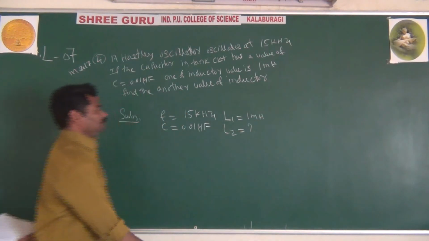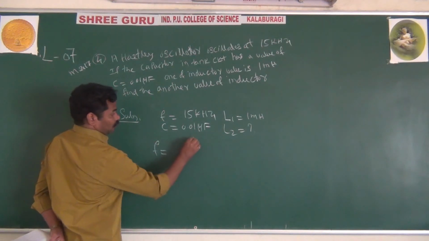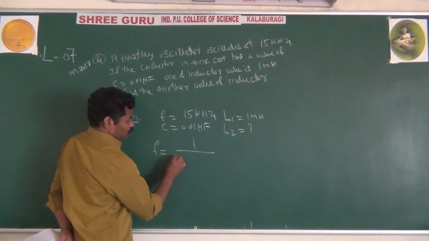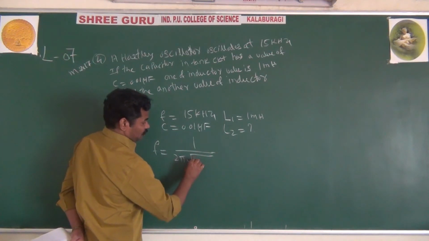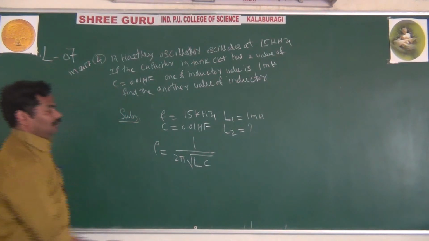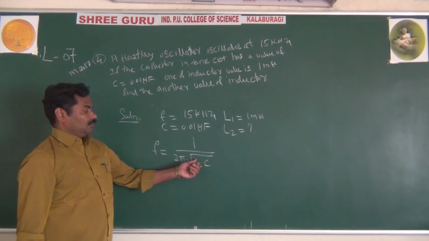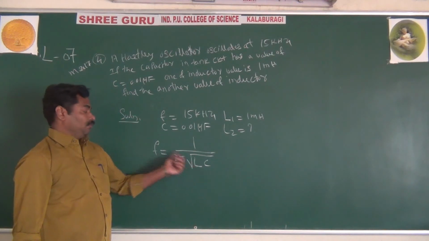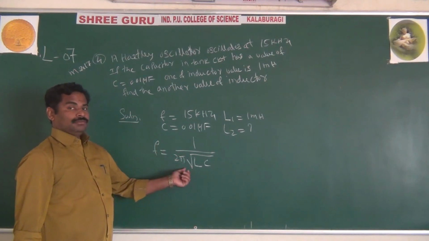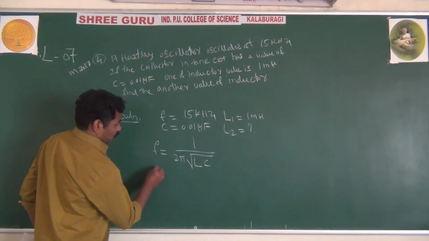Use the same formula, f is equal to 1 divided by 2 pi square root of LC. Here they have given the C value and one of the values of the inductor, but you have to find the other value of the inductor. It means we want the L value. Once again square it and simplify.